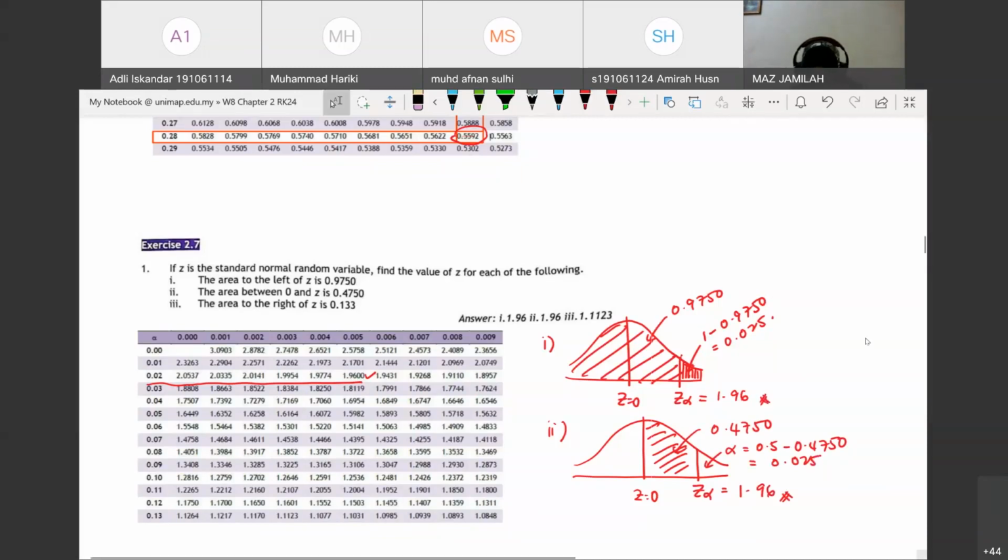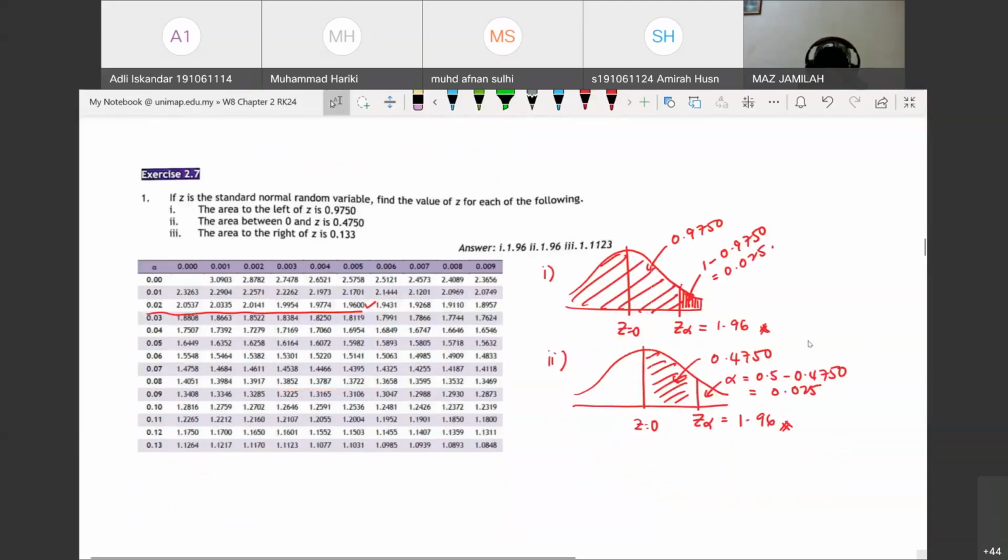And the third one, the area to the right of Z. The area to the right of Z, so Z equals 0 here. Since it is very small to the right, of course it will be somewhere at the right upper tail.